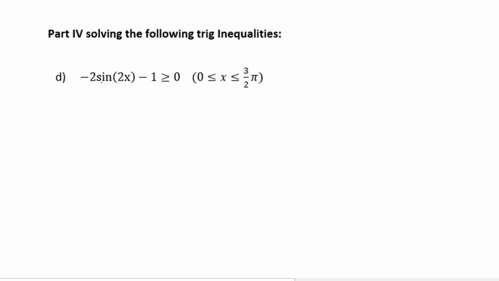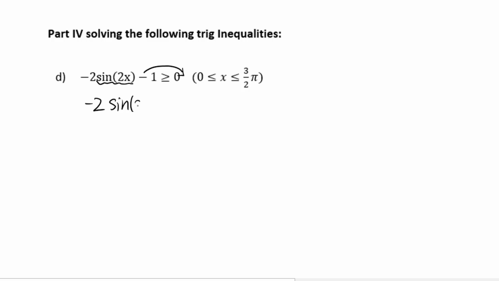Let's go to D. Negative 2 sine 2x minus 1 greater than or equal to 0, with x greater than or equal to 0, less than or equal to 3 pi over 2. First of all, we need to isolate sine 2x on one side. So we move negative 1 to the other side.